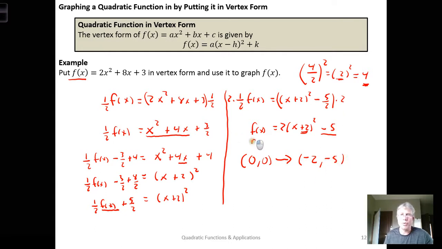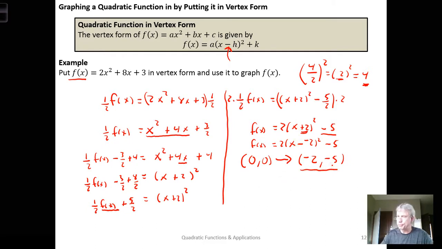I could take this one more step if I wanted to. I could rewrite this as x minus a negative 2 squared minus 5, because the vertex form technically has a minus sign right here. But if you're just trying to locate the vertex, you can stop when it's at the plus, because you can tell from that how the function's been moved horizontally.